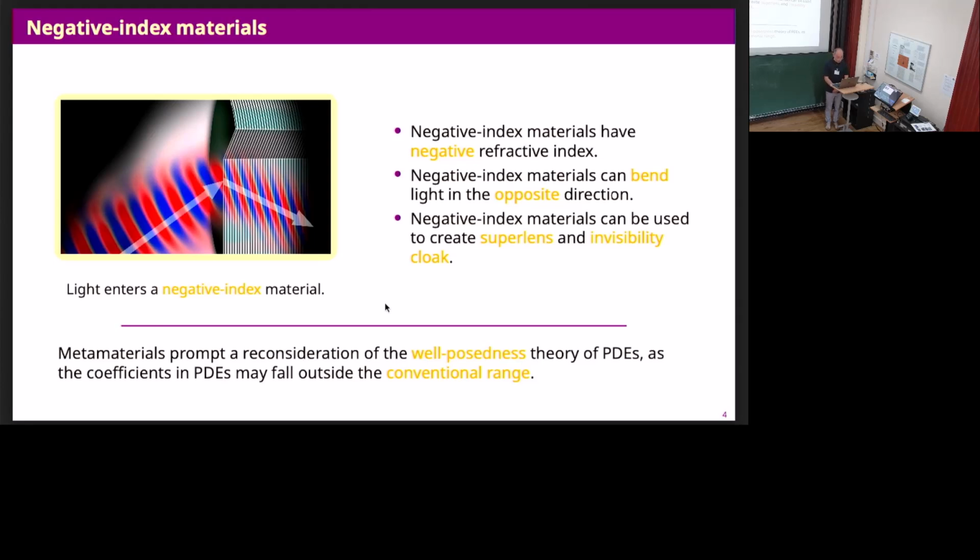And this kind of materials can be used to create superlens and invisibility cloak. And in terms of PDE analysis, this will also give some new research direction, as typically the PDE is not well posed in the classical sense.